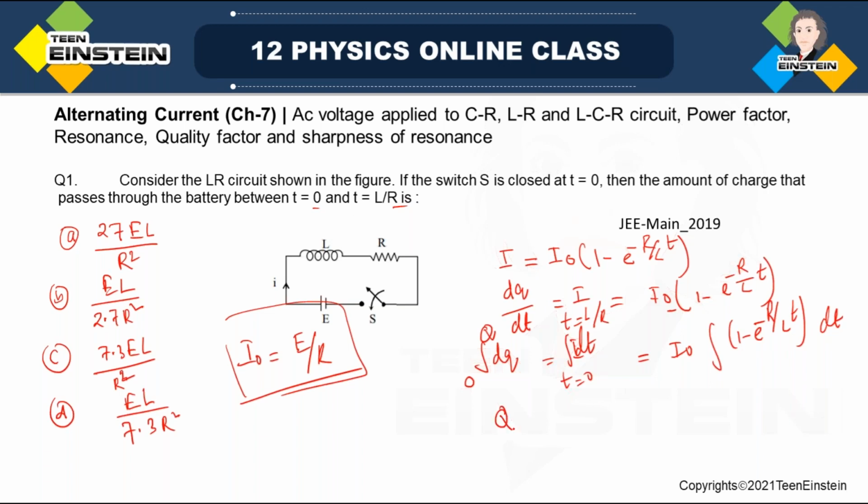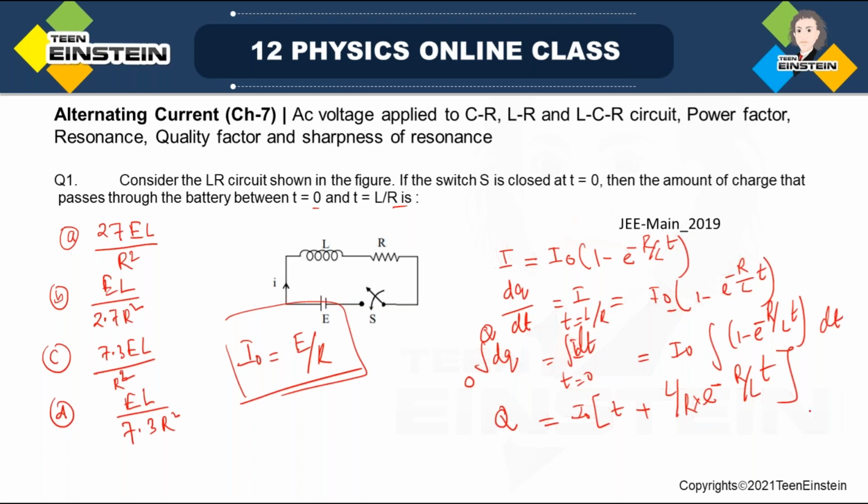So the integration gives I0 into t plus L by R into e to the power minus R t by L, after putting the limits on t.